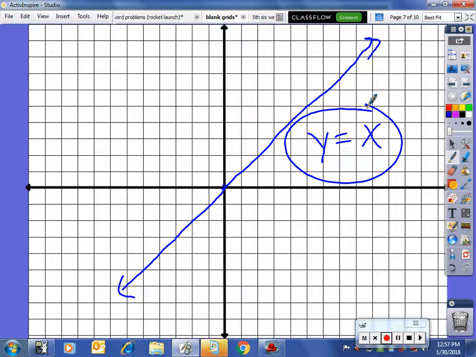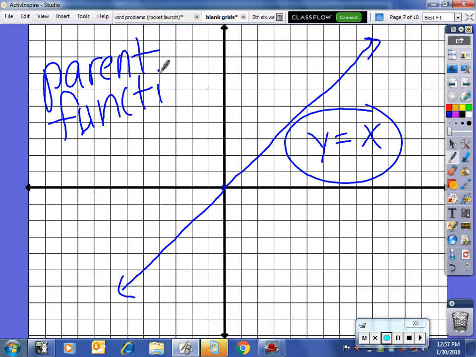That's a fact. It is the parent. It is the mom. This is the parent function for all lines, and you do need to know that. That's the simplest linear function you can draw. It's got a slope of what? 1 and a y-intercept of 0.